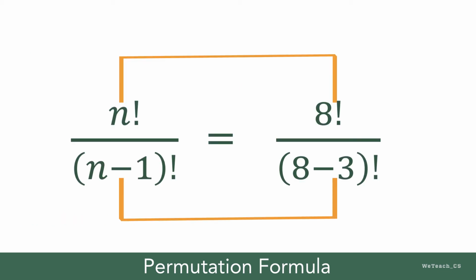In this example, we plug in the total number of swimmers, which is 8, and we divide that by the difference of the total number of swimmers and the number of awards we are handing out, which is 3, and we come up with the expression 8 factorial divided by 8 minus 3 factorial. Do not try to memorize the formula. Understand how it works by reviewing the steps we just went through to get to this formula.